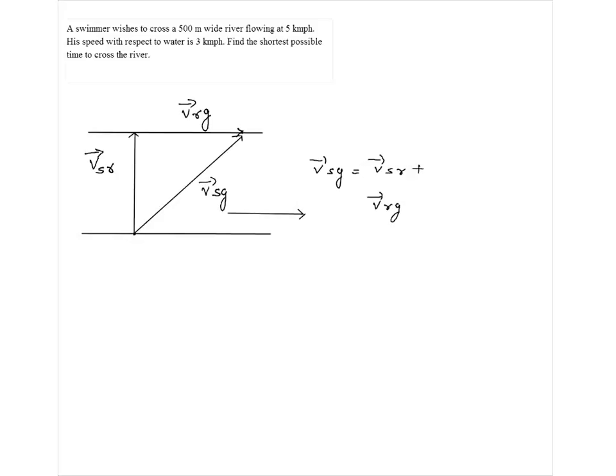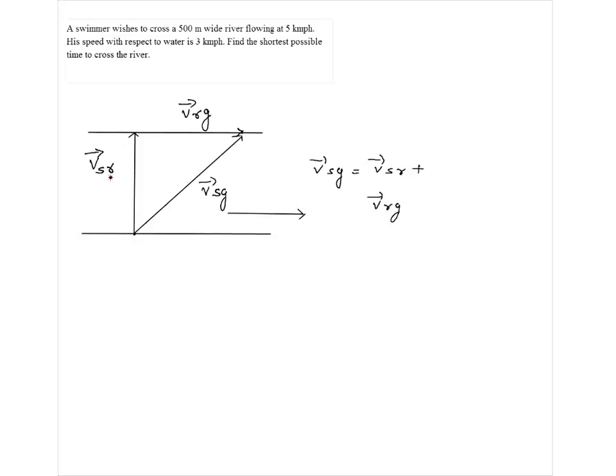I think if you use this particular velocity, then it should be the easiest because this fellow will travel exactly 500 meters. It's not really wise to choose VSG because this distance you don't know. But this distance you do know. So choose this and apply speed equal to distance upon time.